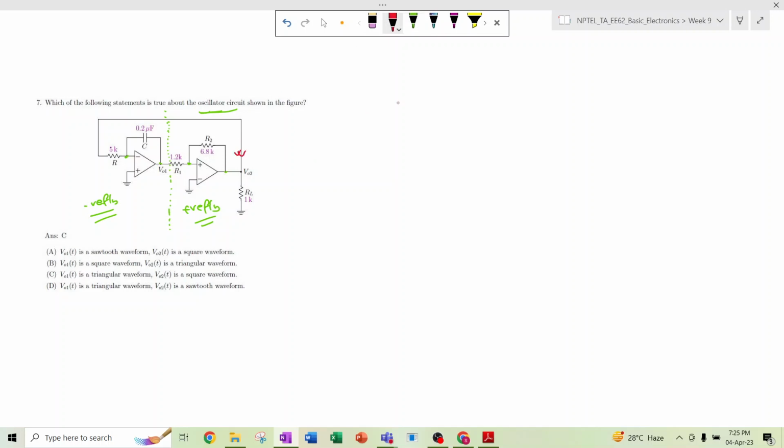So this circuit I am drawing: this is VO1, this is 1.2k, that is R1, and here it is VO2, this is R2, this is 6.8k.